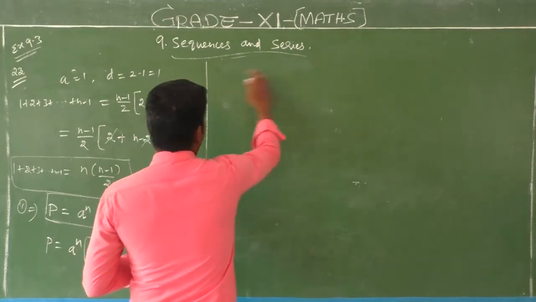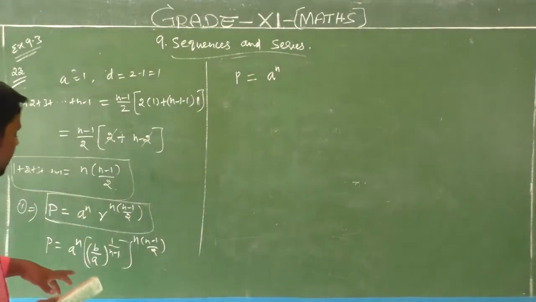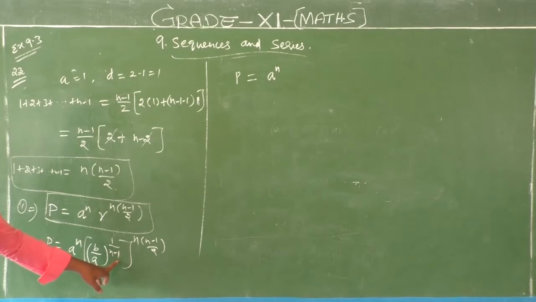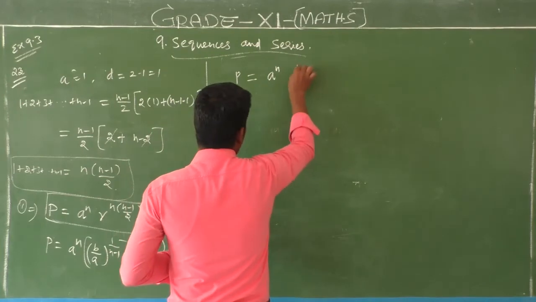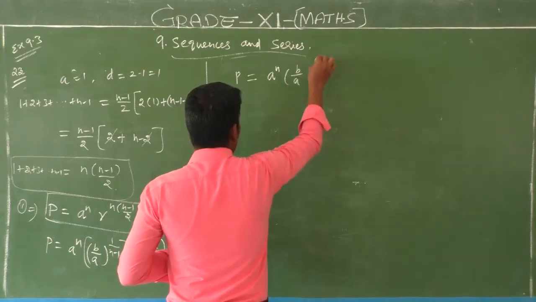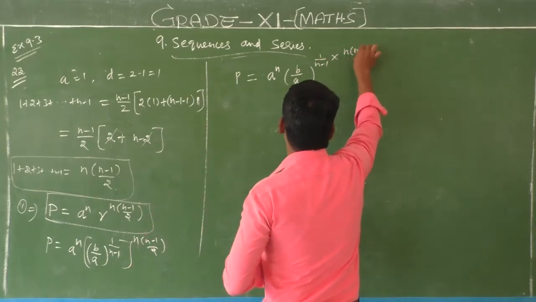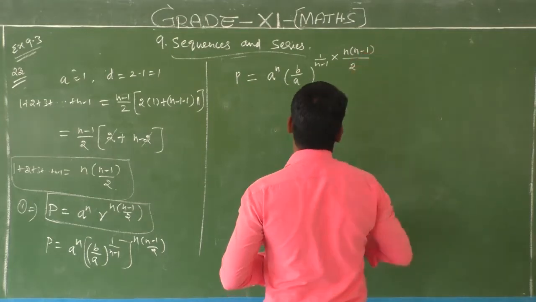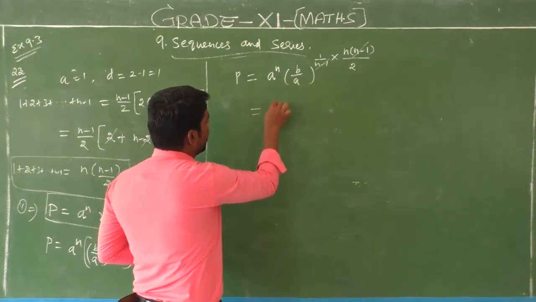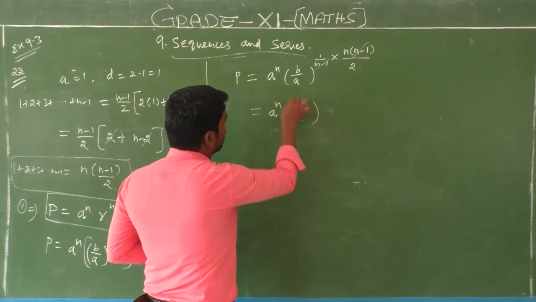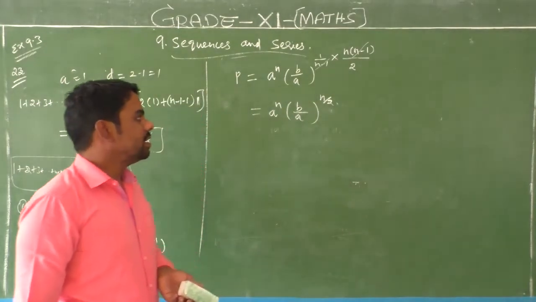So P is equal to A power n into [(B/A) power 1 by n minus 1] whole power n(n-1)/2, which is written as (B/A) whole power [1/(n-1)] into n(n-1)/2. Here n minus 1 is common, so cancel. The remaining is A power n into (B/A) whole power n by 2.